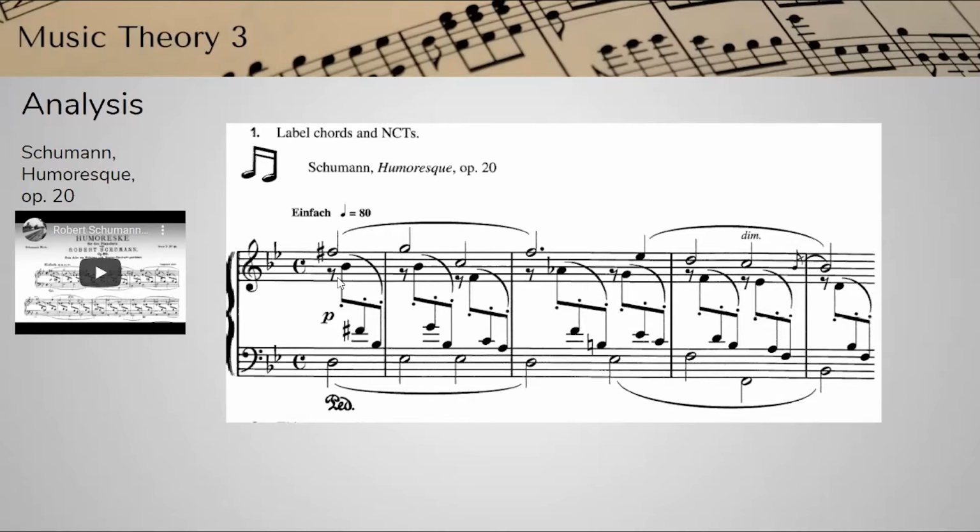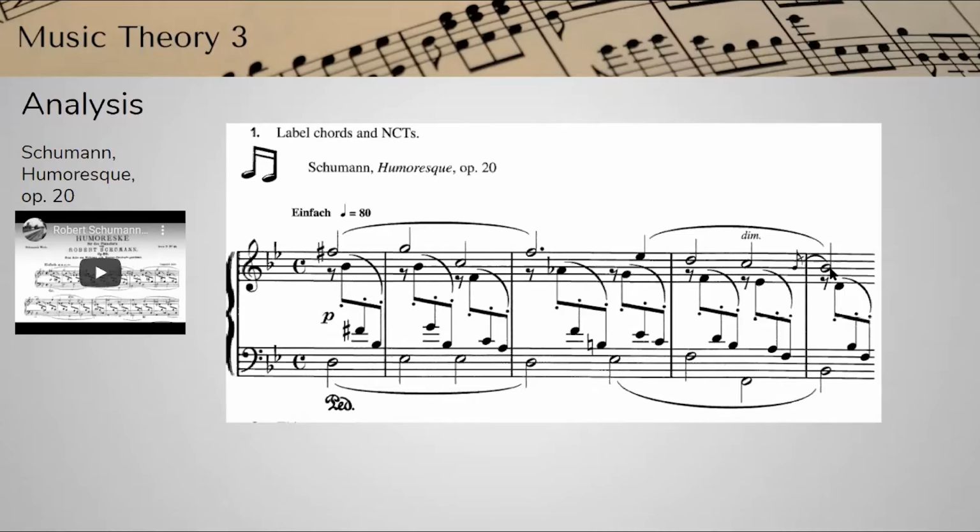And it looks like the first stable harmony we end up with is an E flat chord. So you might be tempted to think that this might be in the key of E flat, but if we look all the way ahead to our last chord here, it looks like it ends on a B flat.